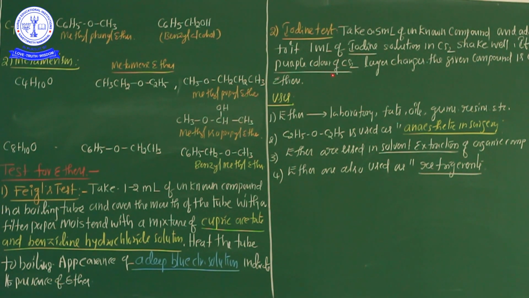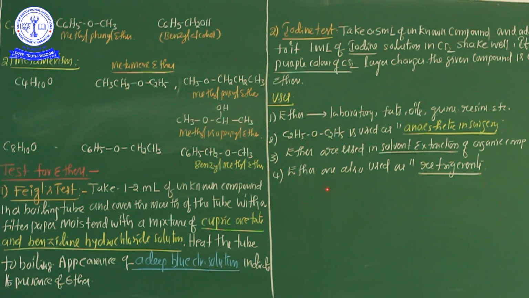If the purple color of the CS2 layer changes, the given compound is an ether. These are the confirmation tests of ethers. Number one is the Fagel test, number two is the iodine test.